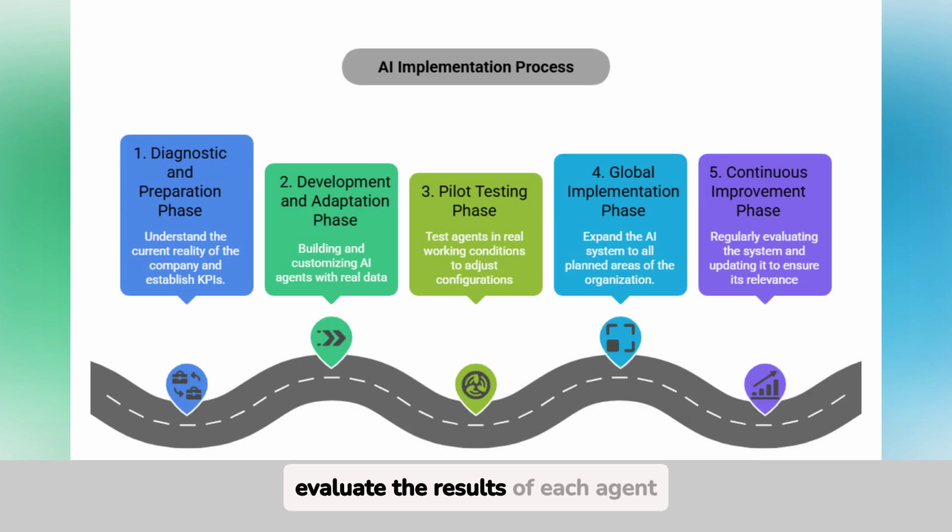We evaluate the results of each agent on a monthly or even bi-weekly basis, identify opportunities for improvement, retrain models if necessary, and, if you wish, activate new functionalities or complementary agents. The degree of human involvement is also adjusted here. If there are supervisors, validators, or if certain tasks go from hybrid to automatic. This phase is where the system demonstrates its true value, its ability to evolve with the business.